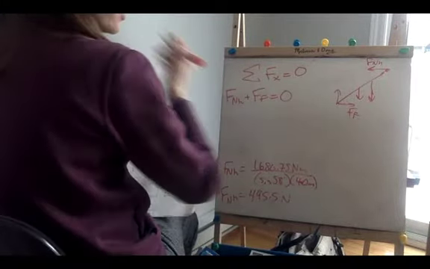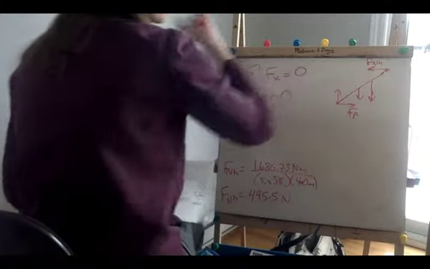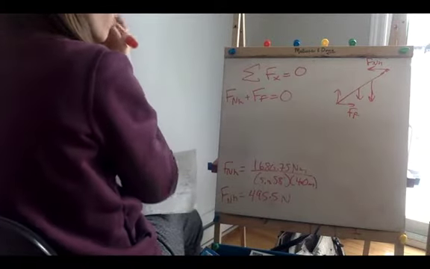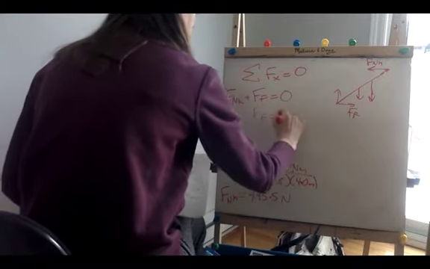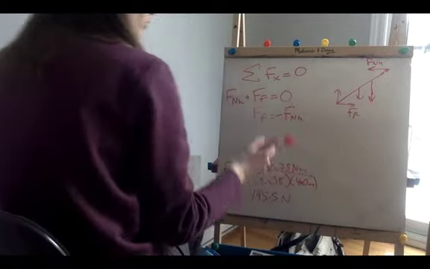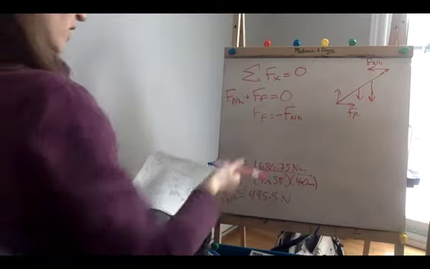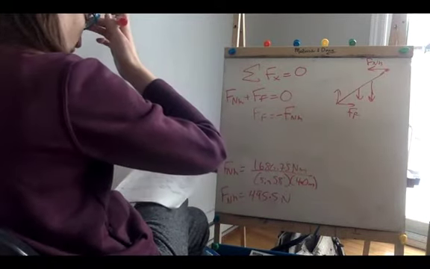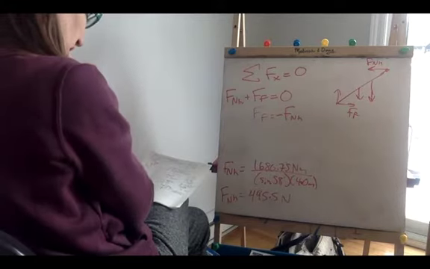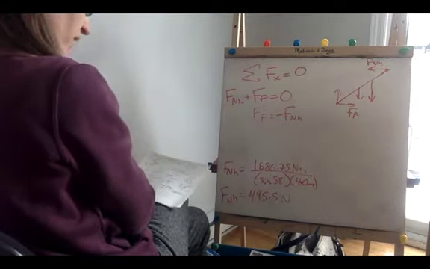Now, force of friction is acting in a positive, normal force is acting in a negative. What I can do is just figure out what my force of friction is, subtracting this value, but it would be subtracting a negative, because this value we had just found, that normal force, was the 495.5.